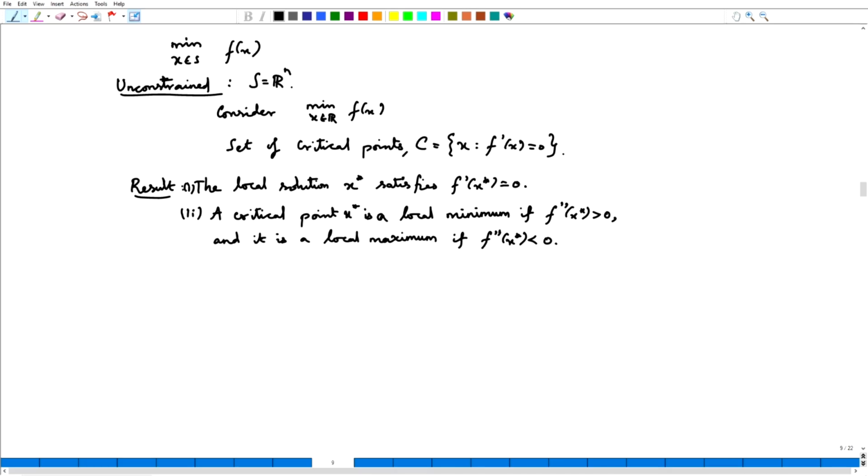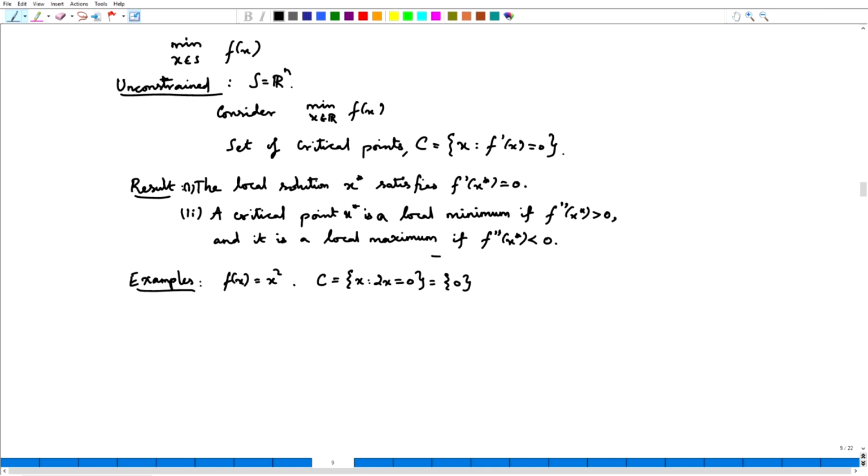Okay. So, let us consider f of x equal to x squared. In such a case, we first find the set of critical points, that is x such that 2x equal to 0, which is just the singleton 0.